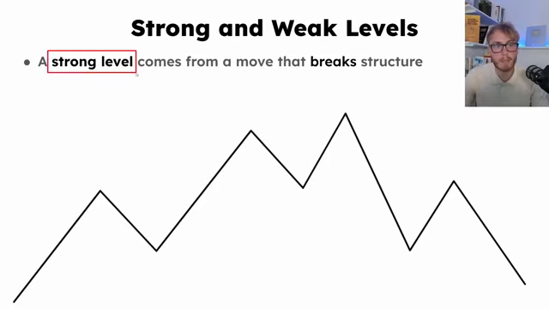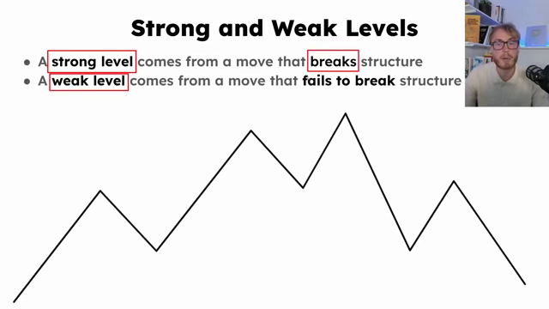A strong level is a level that comes from a move that breaks structure. And a weak level comes from a move that fails to break structure. So in order to find our strong and weak levels, we simply need to analyze the break of structure and change of character. And by this point, you already know how to do this.